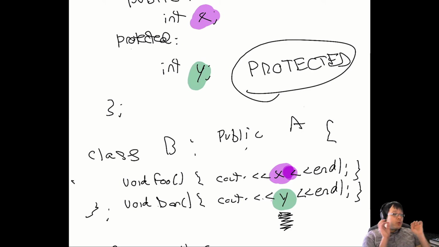So the difference between private and protected is that for outside the class, they're both the same. They both are not allowed to be accessed outside the class. But inside the class, when you have just the base class, again, they're the same. They cannot be accessed. But when you derive the class and you have class B, you can access the variables as if they were your own, which is the same functionality that we had if it was in the parent class. So that's the solution to the problem that I introduced.